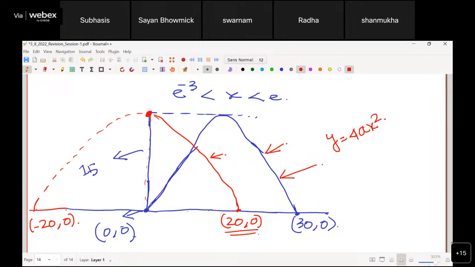This blue one. Sir, the blue one was actually given. I'm telling you the answer actually. It was given: y minus 15 is equal to minus 1 by 15 into x minus 15 whole square.